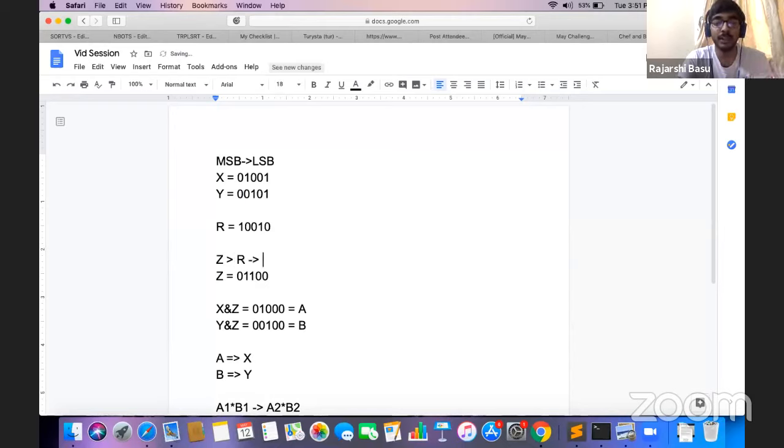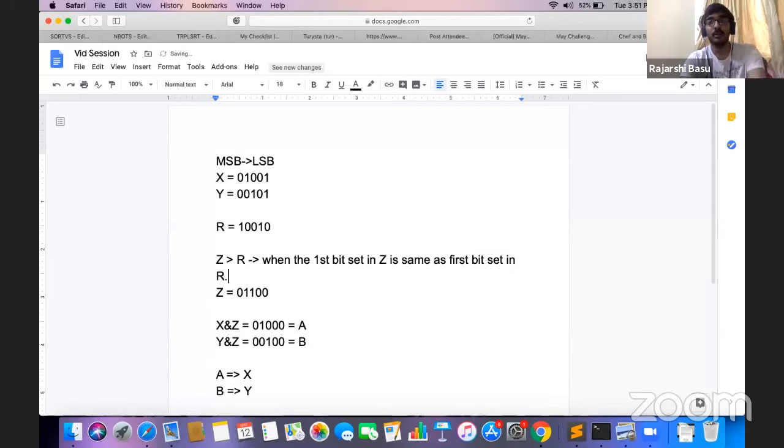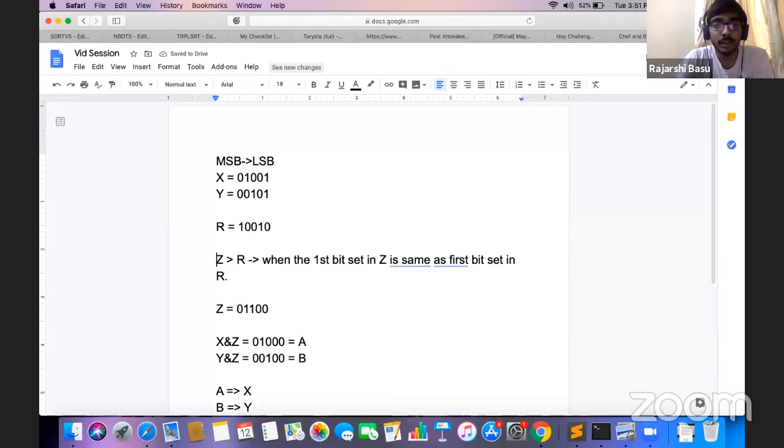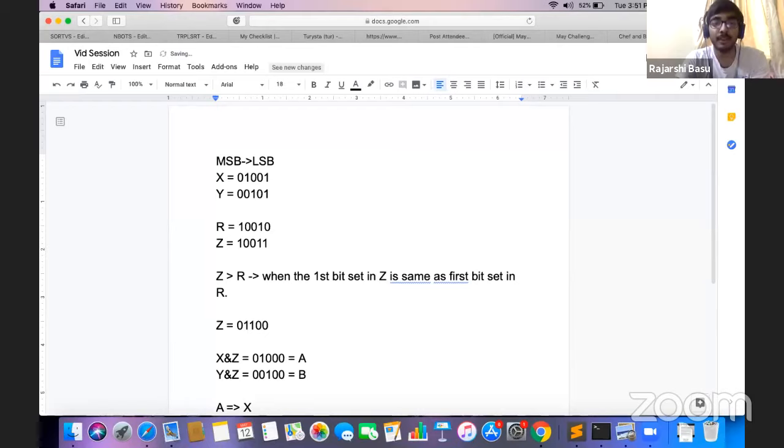This will only happen when the first bit set in Z is at least the same as the first bit set in R, right? Since there is no point setting the first bit that was set in R in Z. So if Z is something like 1, 0, 0, 1, 0, 1, 1, this is same as setting Z to 00011 because the first bit won't get ANDed to anything in X and Y. Hence, there is no restrictions.